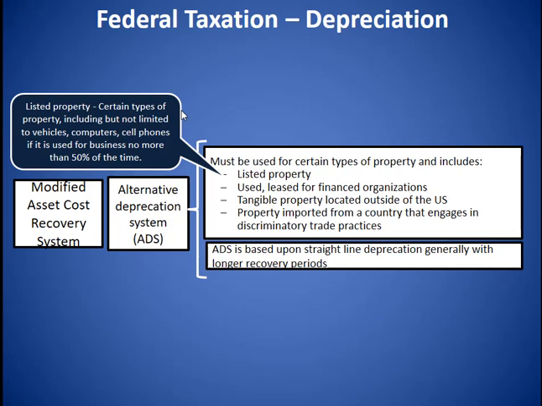Probably the only area that you really have to remember is that it has to be used for listed property. And as I mentioned earlier, ADS is based upon straight line depreciation, generally with longer recovery periods than you'd get under MACRS depreciation.